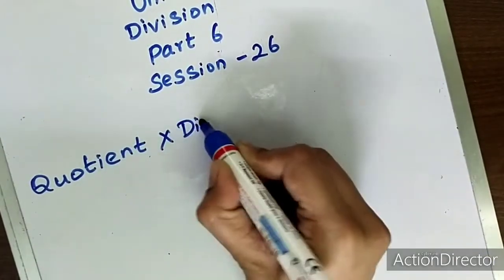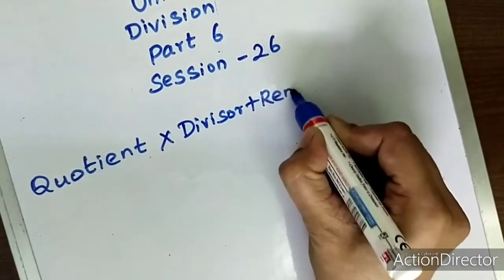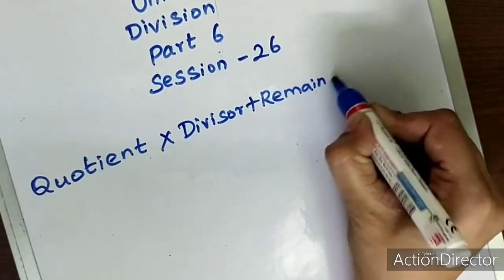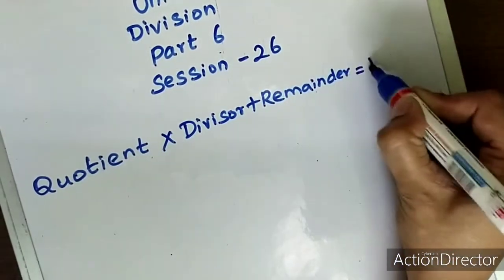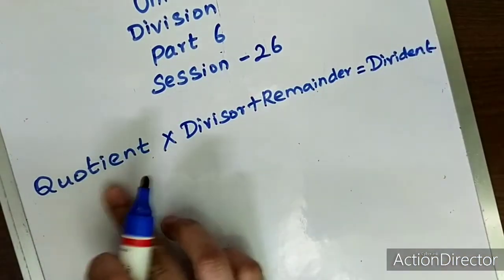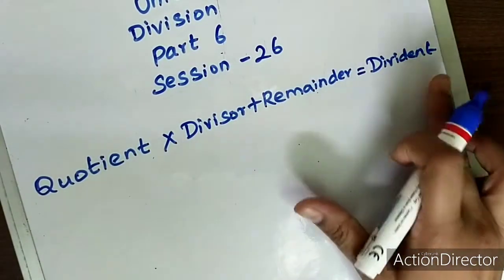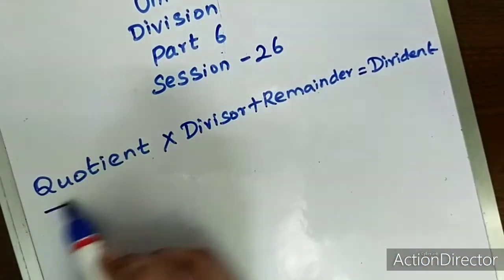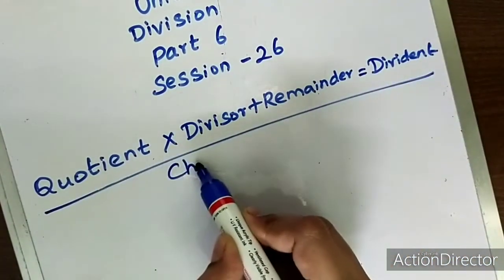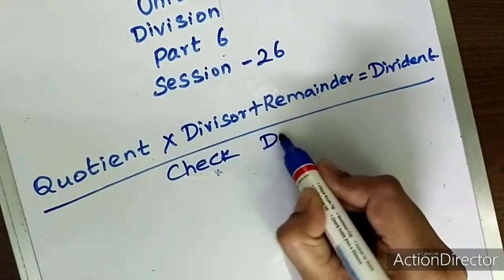Quotient into divisor plus remainder is equal to dividend. This is the formula to check the division.